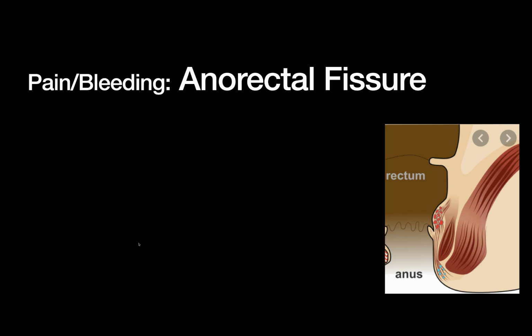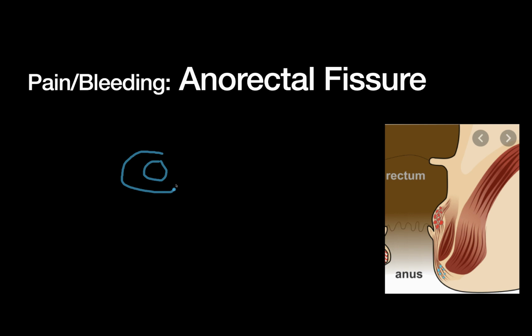All right, so our next pathology is the anorectal fissure. This one causes a lot of pain, but it also causes quite a bit of bleeding. So it crosses both of our boundaries here. Usually pain is the primary issue for the patient. And like a lot of anorectal pathology, how this comes about is a little bit of a mystery.